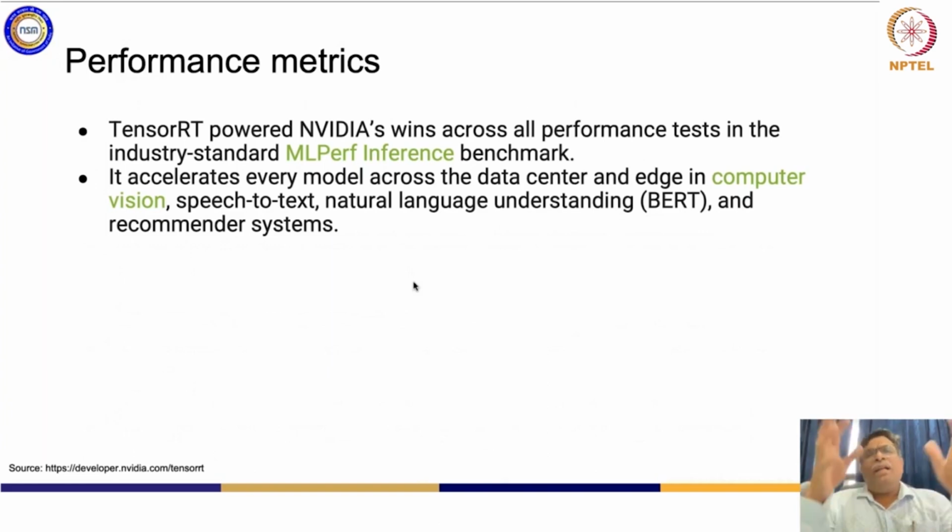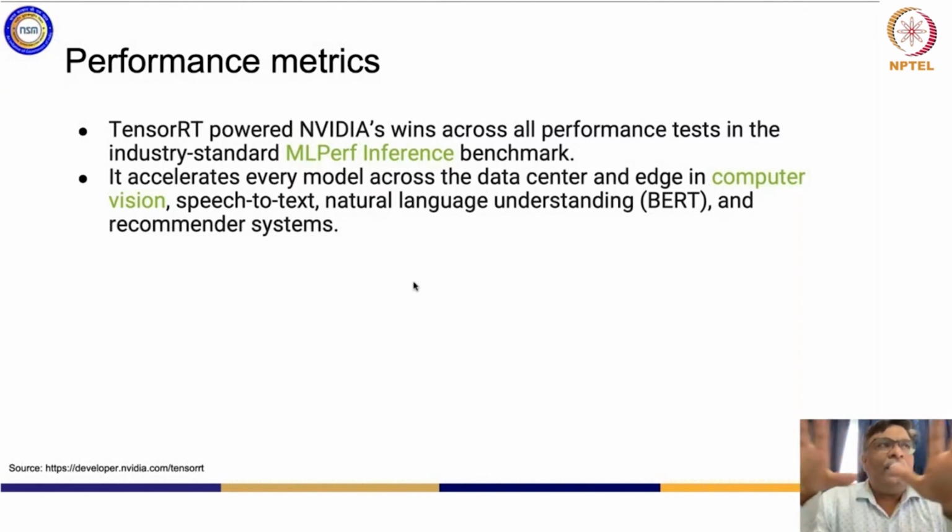Now, TensorRT powered NVIDIA edge devices. Actually, if you see their benchmarking performances, they are quite good. Right? They are very, very good. So you can accelerate every model across the data center and edge in computer vision applications, speech to text, NLP, for example, BERT, and various recommender systems, right?